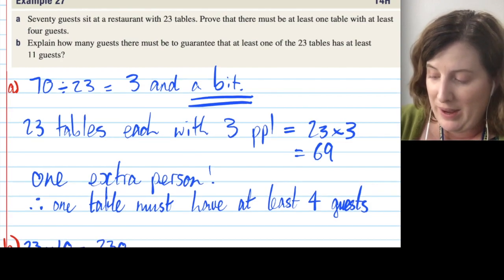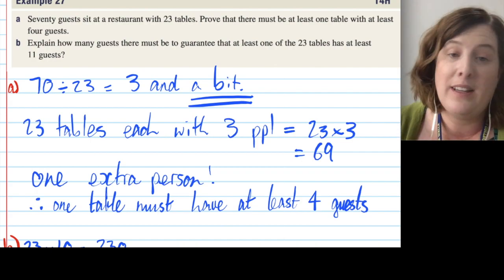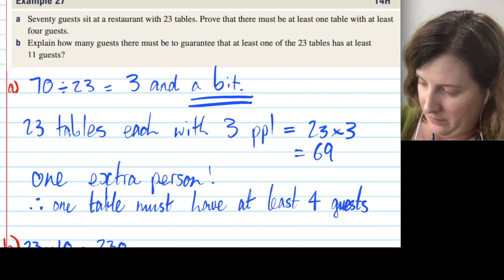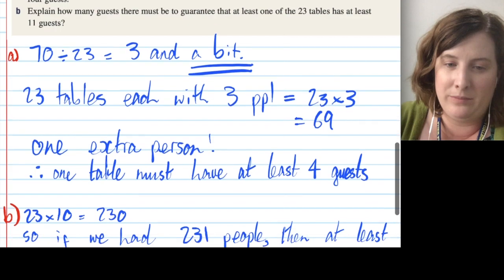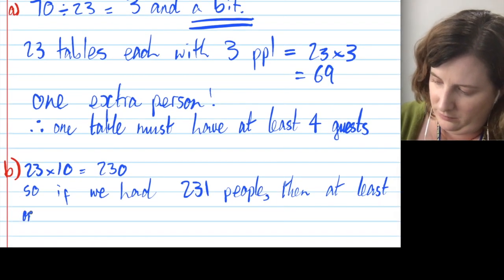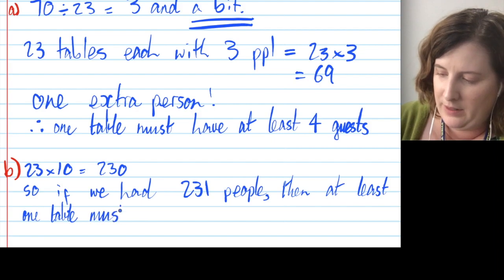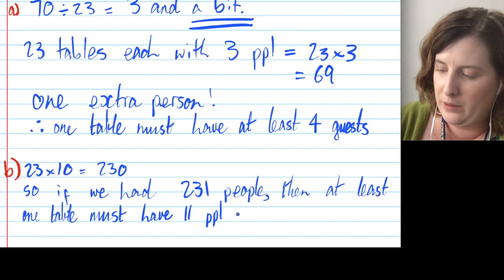So if we had 231 people, then at least one table would be forced to have 11 people or more.